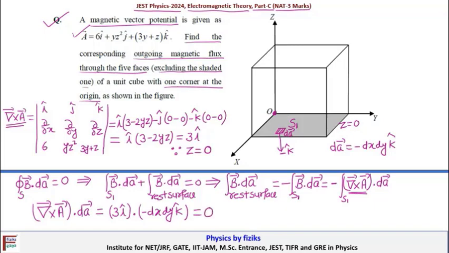So del cross A dot dA, if we calculate this value, will be 0. So the answer is 0. The numerical value will be 0.